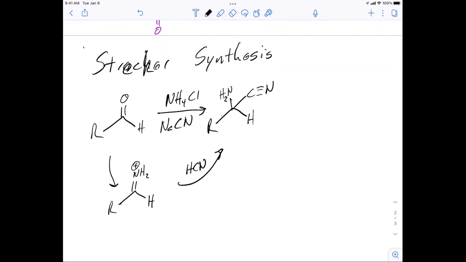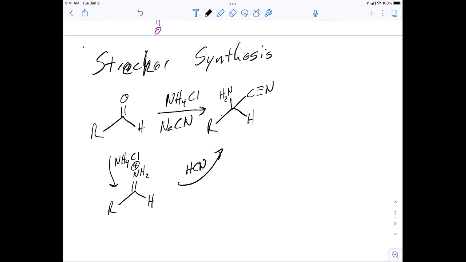If you think about this, you can think about it kind of going in two phases. Right, so if we had a mild acid solution of ammonia, right, we could form the imine, and then the imine can react with the cyano group.